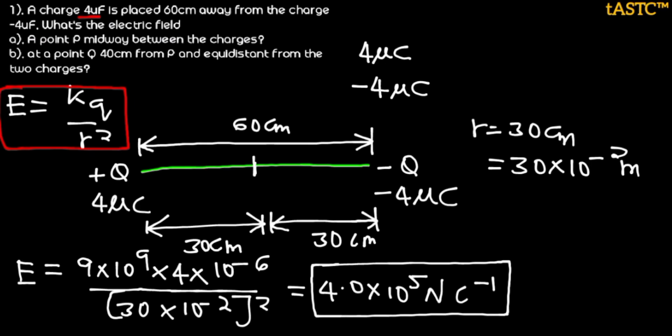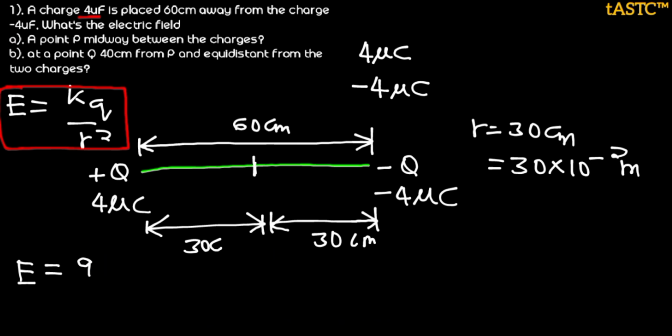Now, how about this other charge? Is it going to create an electric field at this point? Of course it is. Now let us find that. That is still going to give us the same thing because we have it to be 4 microcoulomb, so that will basically be the same thing.